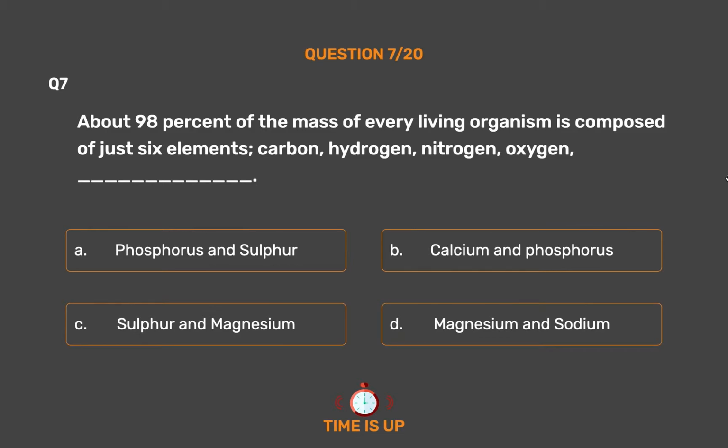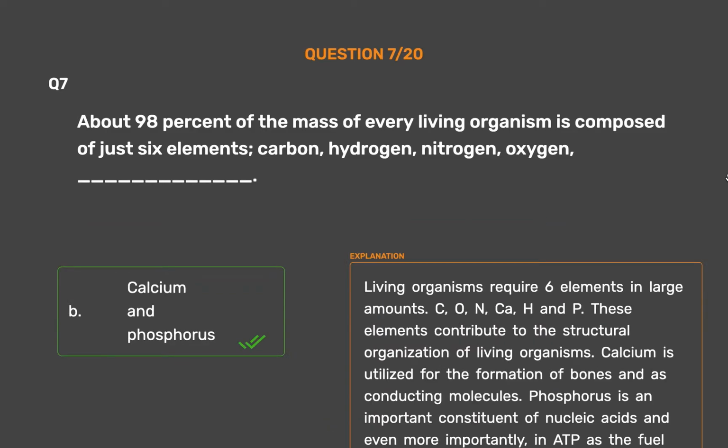The correct answer is option B. Calcium and phosphorus. Living organisms require 6 elements in large amounts: C, O, N, Ca, H and P. These elements contribute to the structural organization of living organisms. Calcium is utilized for the formation of bones and as conducting molecules.